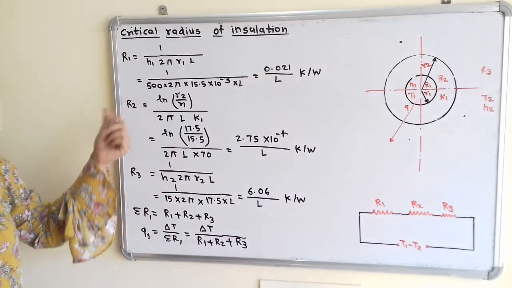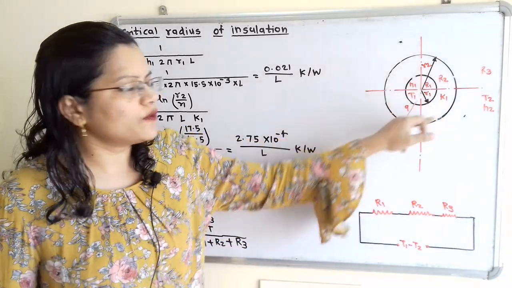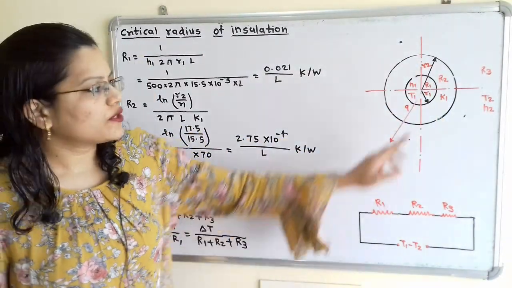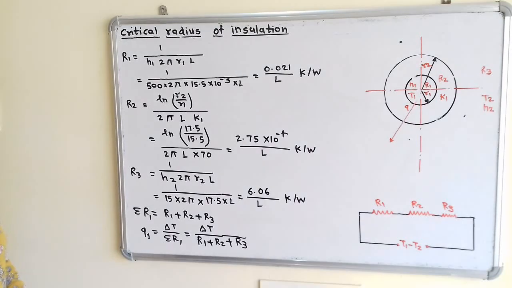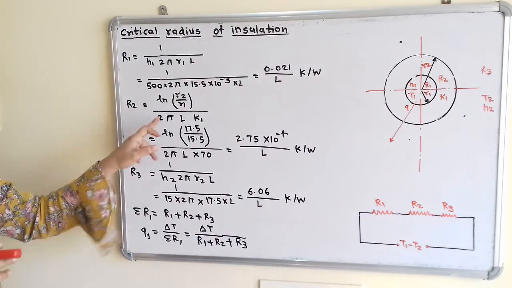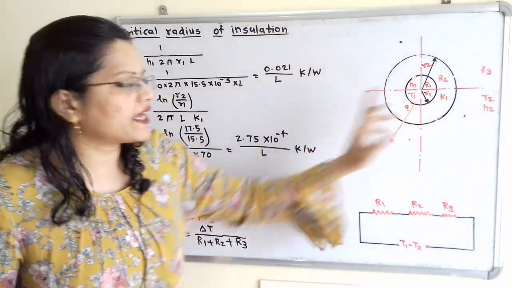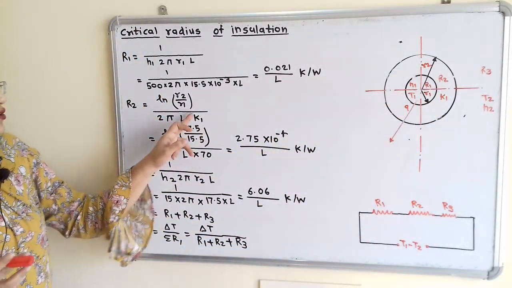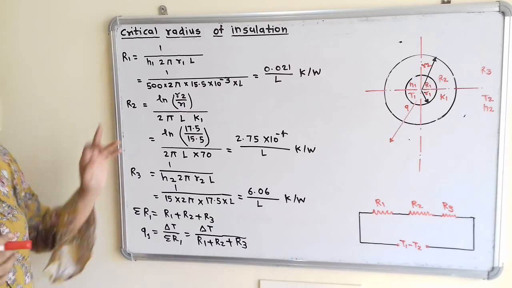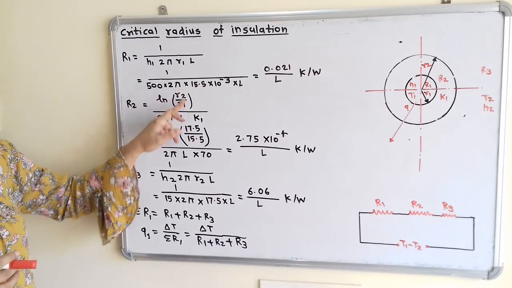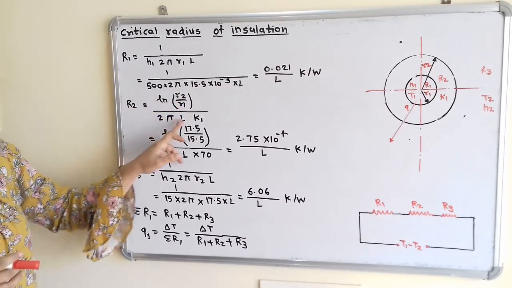Now we will move to the next resistance R2 due to the conduction process. Here the conductivity K1 is mentioned in the question, so we have to take it as K1. So R2 is equal to ln of R2 by R1 divided by 2 pi L K1.